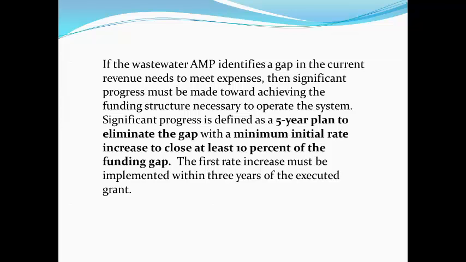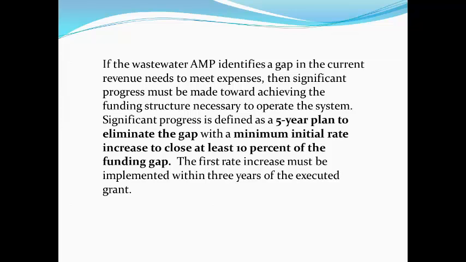For example, if a municipality has right now a rate of $2 per 1,000 gallons, and their rate methodology shows that they in fact should be charging $3 per 1,000 gallons, they have a funding gap. So the municipality or applicant will then put together a 5-year plan on how to raise rates in that 5-year period to cover that gap.